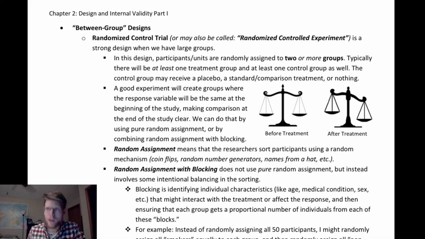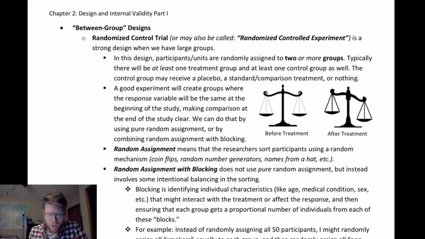So we're going to kind of divide experimental designs into two groups. We have between group designs, which implies that we have two or more groups being compared. And then we're going to have within group designs, where we're talking about taking multiple measures from the same individuals in the experiment.